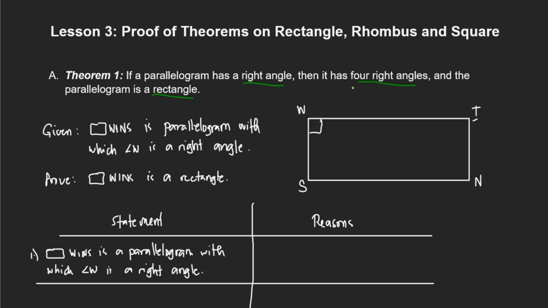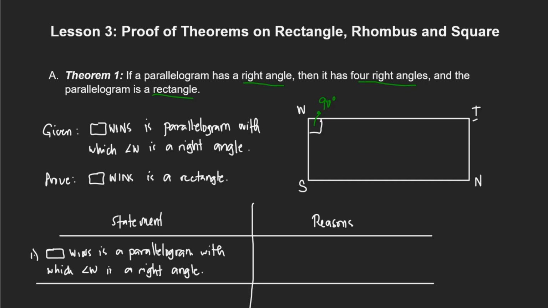Then we have the given na yung angle W is a right angle. Remember, pag makakita po tayo ng symbol na ganito, which is right angle, that is equivalent to 90 degrees. Okay? Now let's try to prove that this parallelogram WINS is a rectangle.